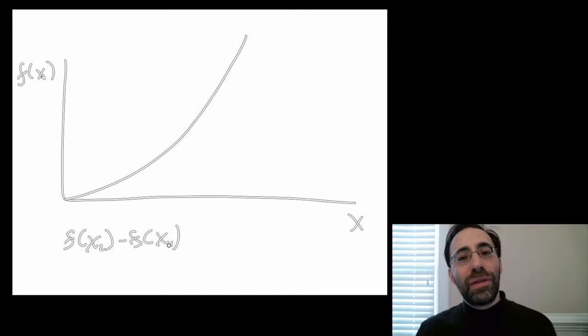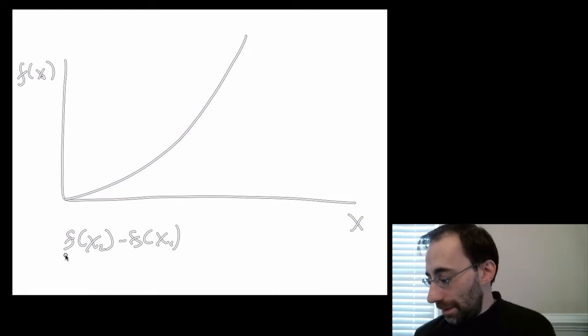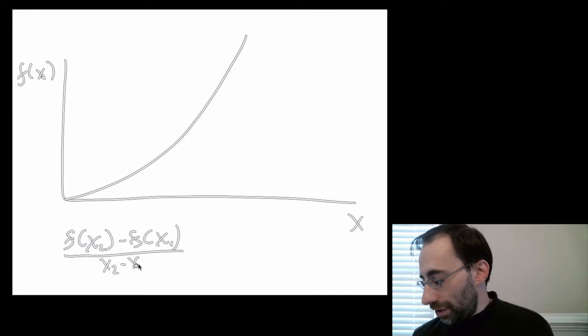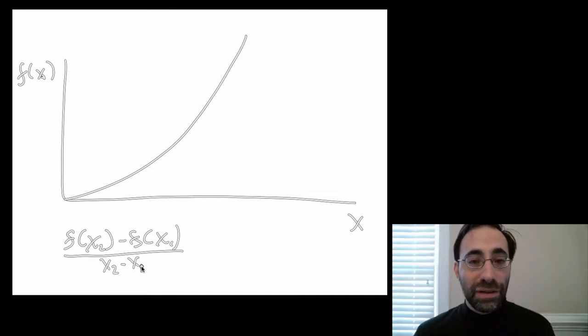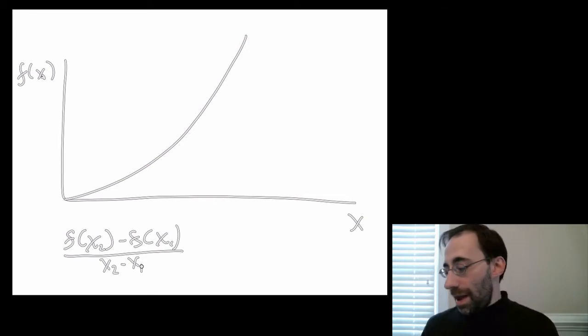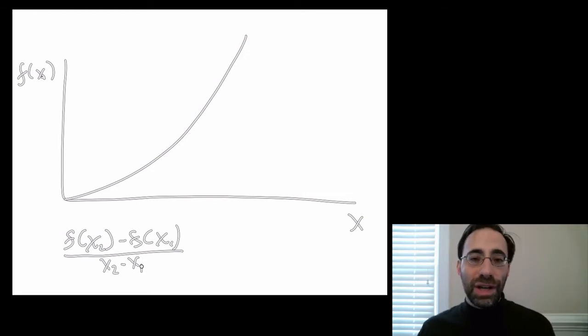Let's say I wanted to find more of a proportional change. I could divide the change in the function by the change in the variable that led to the change in the function, right? So the change in the variable is x2 minus x1 in the bottom there. The change in the function is the top, f of x2 minus f of x1. And dividing them gives me a sense of the proportional change in that function between 2 points.